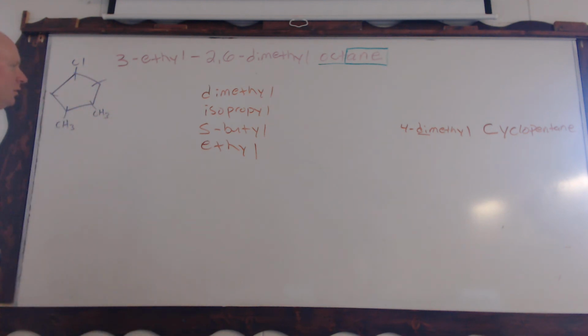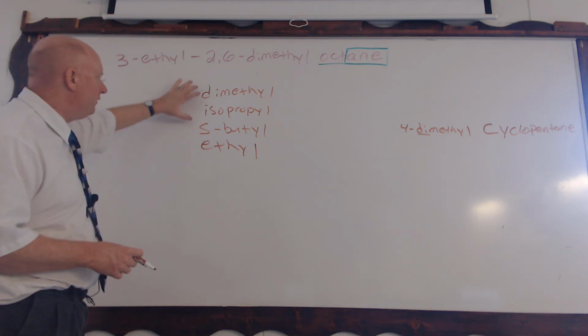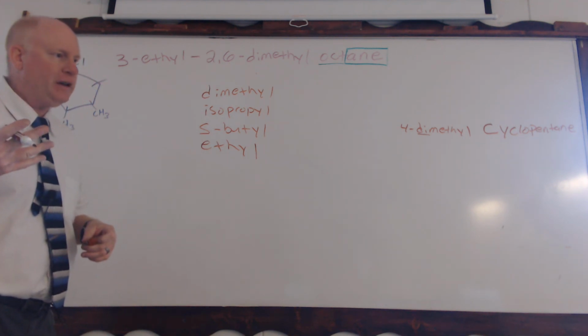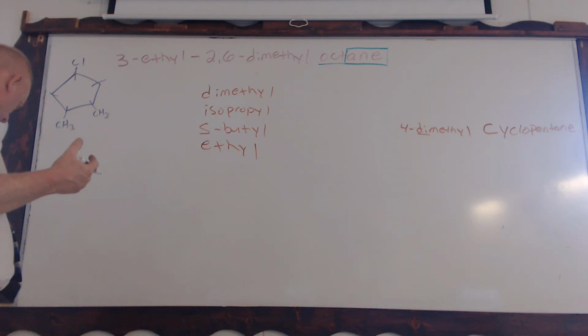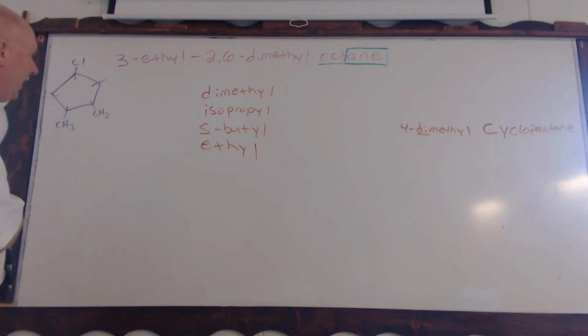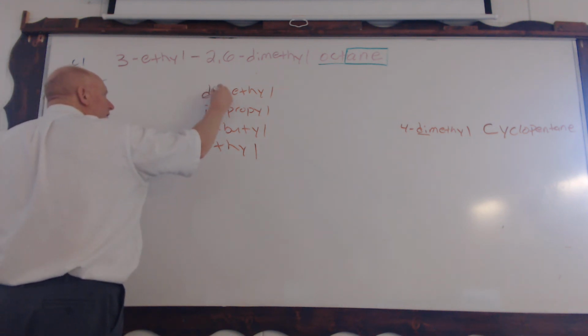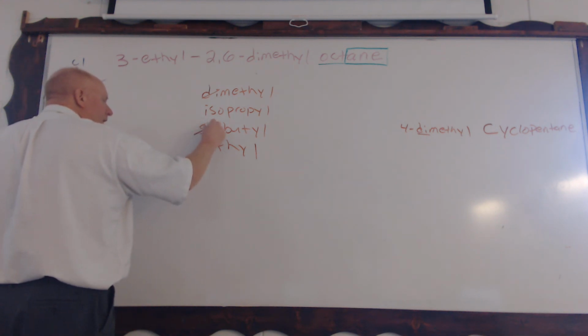What is it that's going to go first? If all these derivatives were on a compound, which one comes first? Remember, you disregard the prefixes with the exception of isobutyl and isopropyl. So we disregard this because it's a prefix, and we disregard this because it's a prefix.